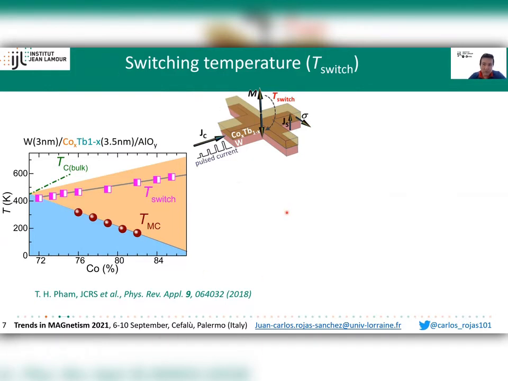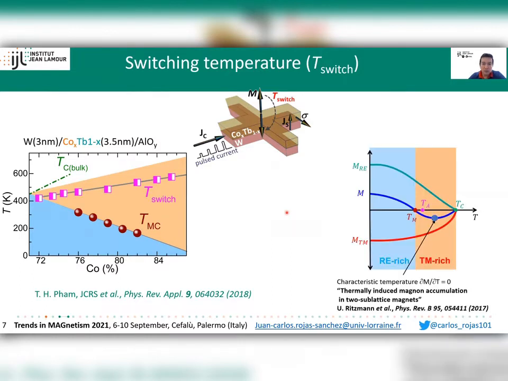From the theoretical side, let's first remember that in rare earth transition metal alloys we have several characteristic temperatures that I already mentioned. That's because we have two magnetic lattices, antiferromagnetically coupled but not compensated, and because the temperature behavior of each magnetic lattice is different, as schematized here in green for the rare earth and in red for the transition metal.